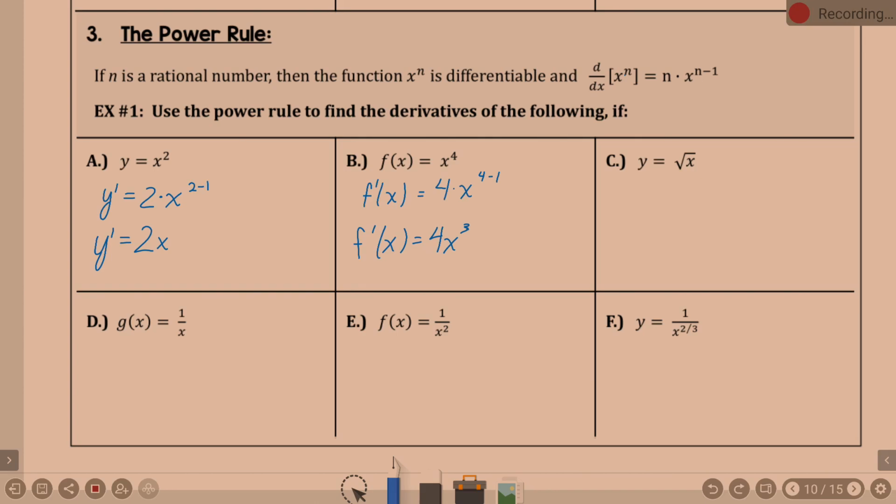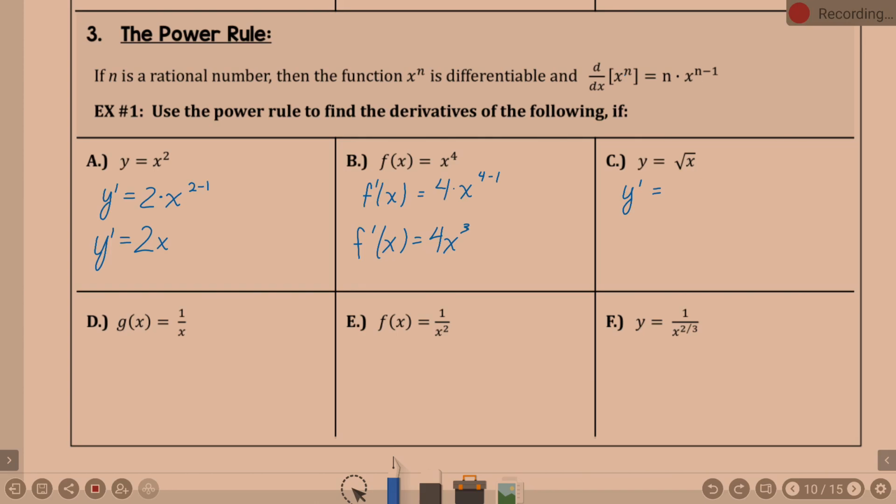y equals the square root of x. And we're being asked for y prime. That's a start, yes. So, have we all clued in at this point?